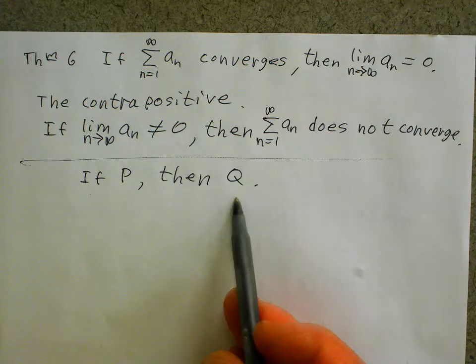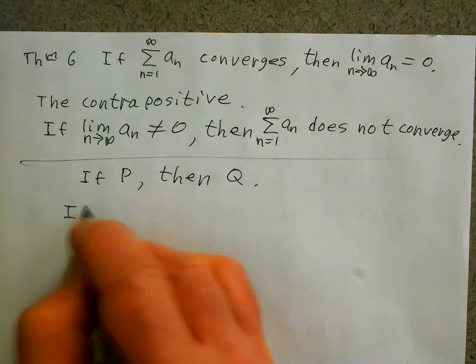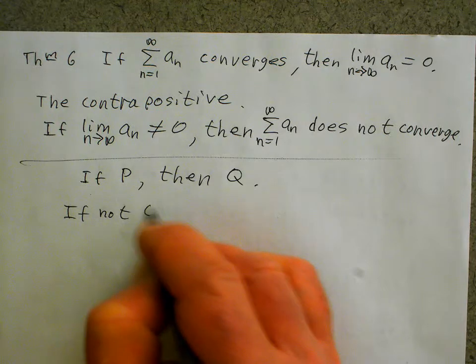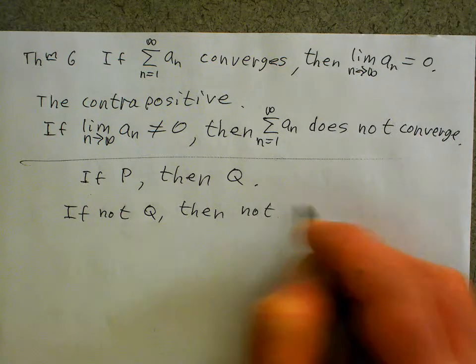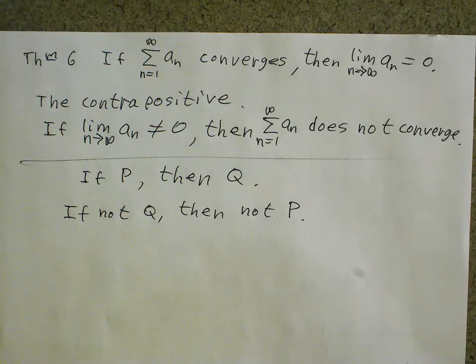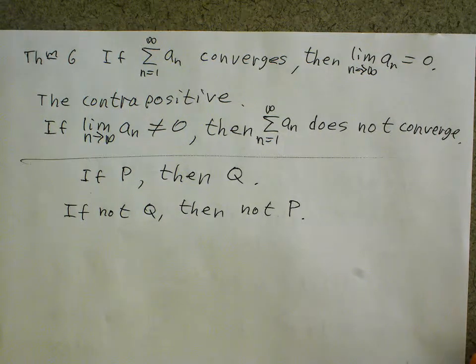The contrapositive is if not Q, then not P. Those are logically equivalent. Okay, so we're using that to help us.